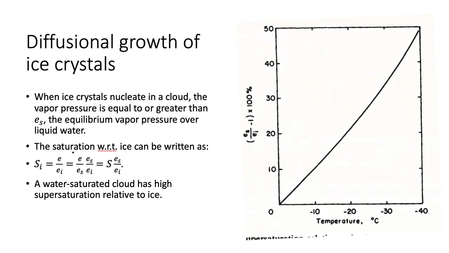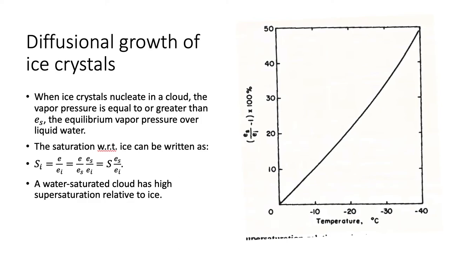This can be rearranged, and the saturation ratio with respect to ice can be written as the saturation ratio with respect to water times the ratio of the saturation vapor pressure with respect to water and the saturation vapor pressure with respect to ice. This is shown as a supersaturation in percentage here. Okay.